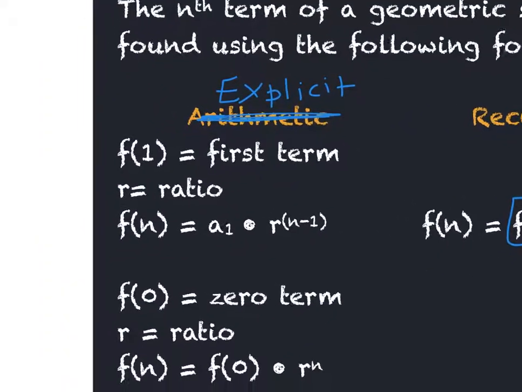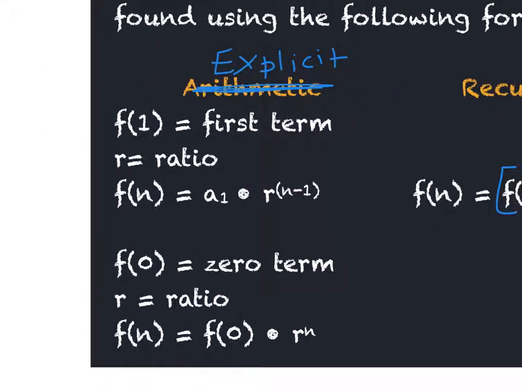But let's start with explicit. For explicit, it's going to be, and we're using f, not a, sorry about that. F of 1, which stands for your first term, just like with arithmetic sequences, times r. Instead of d, we're going to have an r here, and r stands for your common ratio.